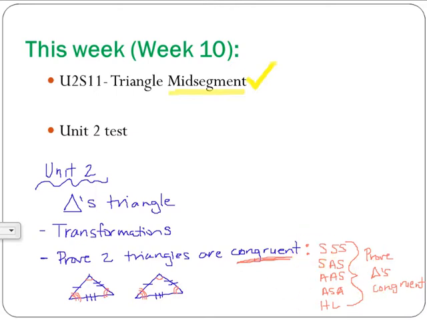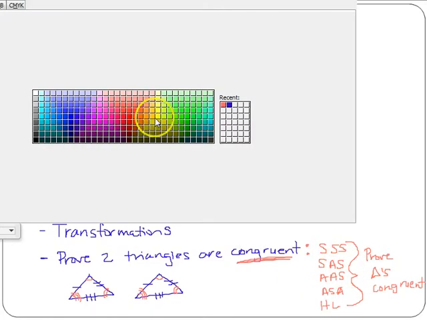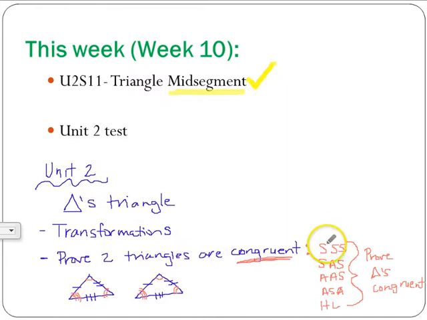Once we've proved that 2 triangles are congruent using 3 different aspects, whether it be side-side-side, side-angle-side, angle-side-angle, or hypotenuse leg, we know then that all corresponding sides and all corresponding angles are congruent.